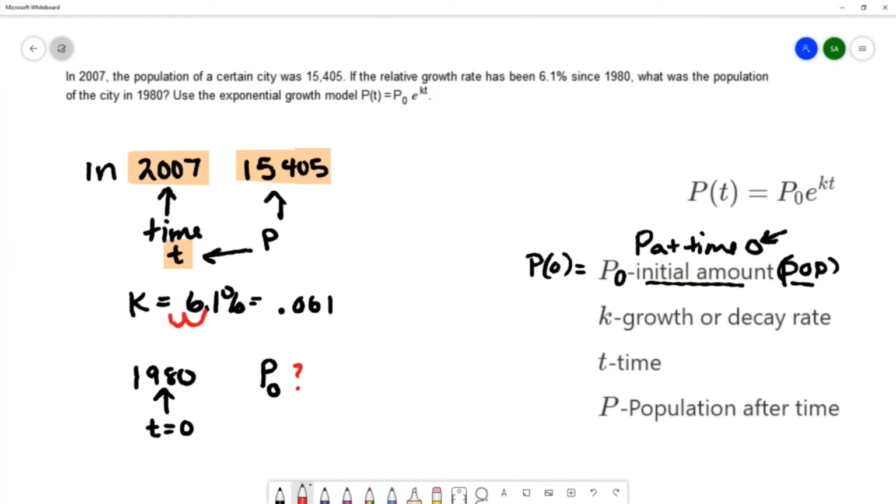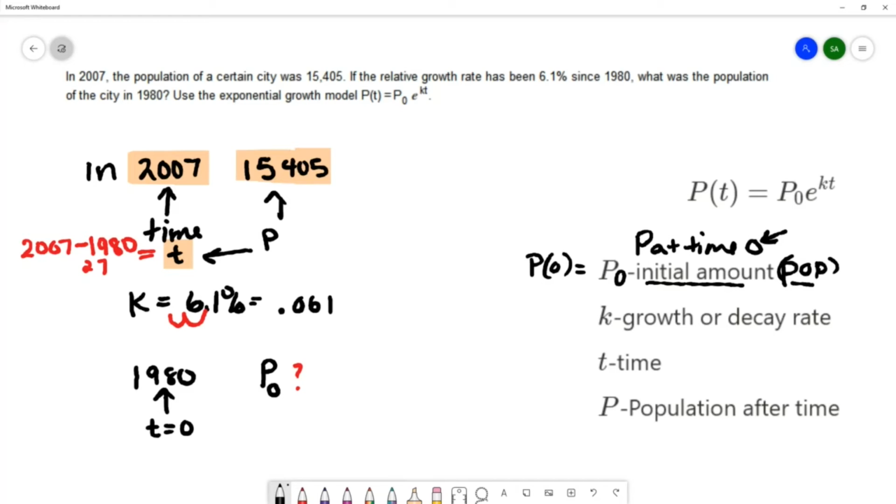And that t is going to be 2007 minus 1980, the number of years since 1980. So let's work that out. How many years since 1980? 2007 minus 1980 is 27 years.